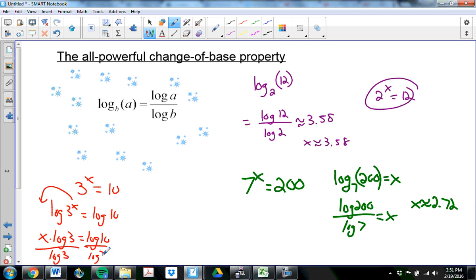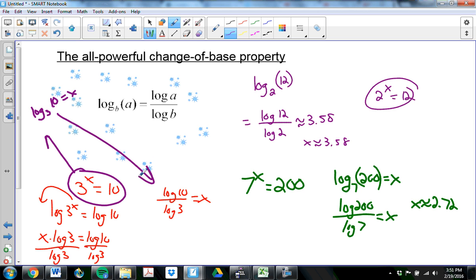And I get log 10 divided by log 3 equals x. But that's really the same as just taking this right here and originally putting this into log form. So these two things are the same. And there's your change of base formula. It's beautiful. I hope you love it. I hope you have a great day.